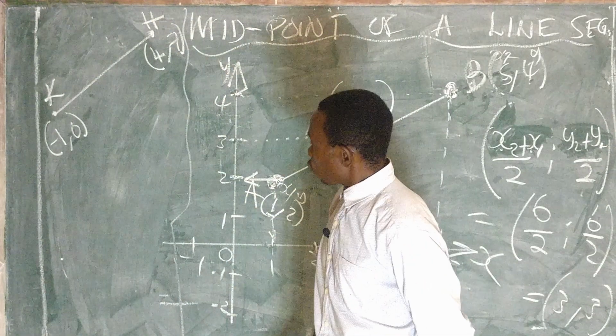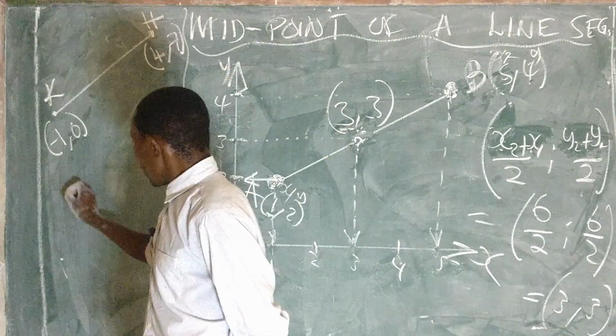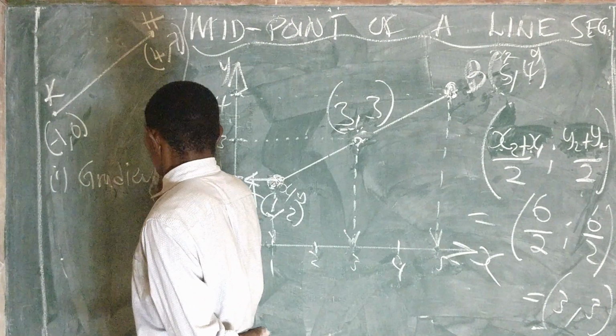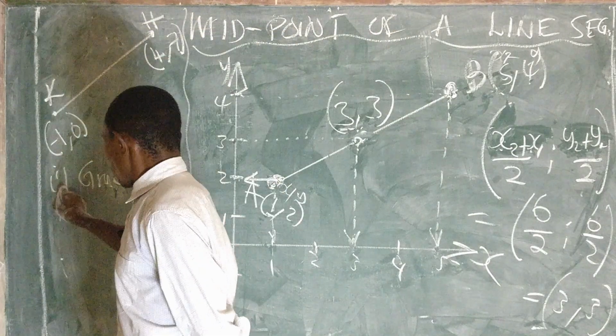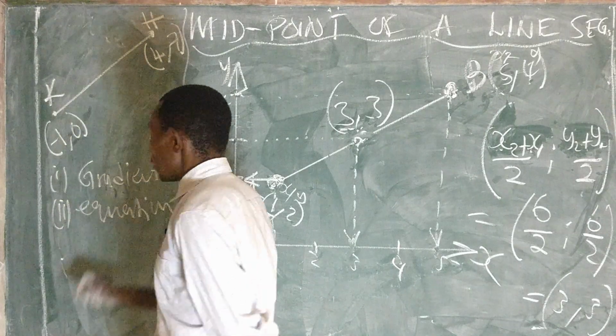So what you're going to do with that line, you're going at least to summarize everything. 1, work out the gradient of this line so that you appreciate that the line has a lot of issues around it. 2, find the equation of that line.